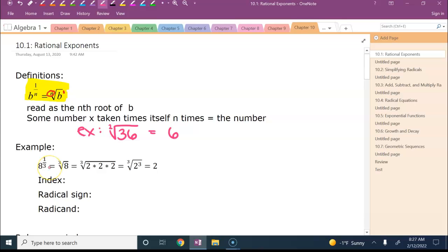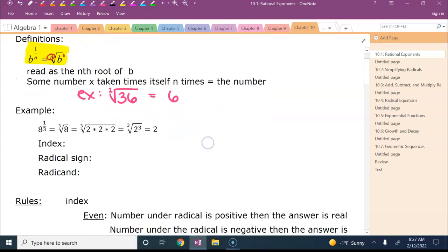So another example is this next one here. I have 8 raised to the 1/3 power, which is the same thing as the cube root of 8. So I'm looking for a number times itself 3 times that would get me to 8, which would be 2. So I could write that out as 2 times 2 times 2 underneath that cube root sign. Or you can simplify this like we did in the past when we were working with monomials, and rewrite that as 2 to the 3rd.